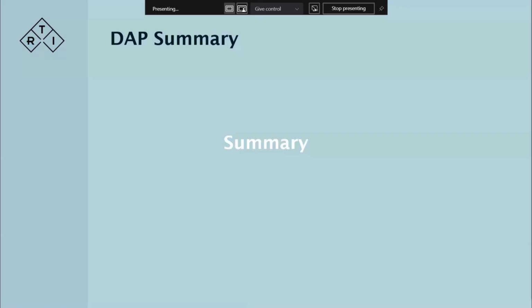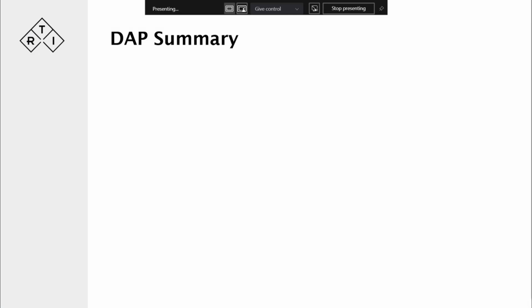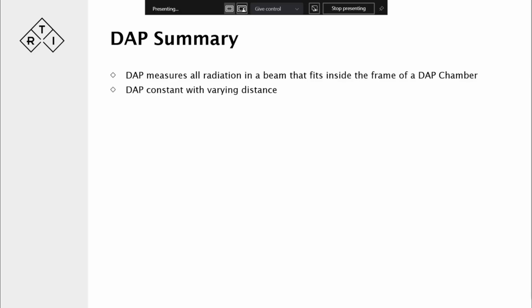All right, we're coming to a summary a little bit. We're doing well. DAP is a way of measuring all the radiation of a beam, to measure the full beam and the complete radiation from an X-ray beam. It's constant with varying distance as long as you capture the complete beam.